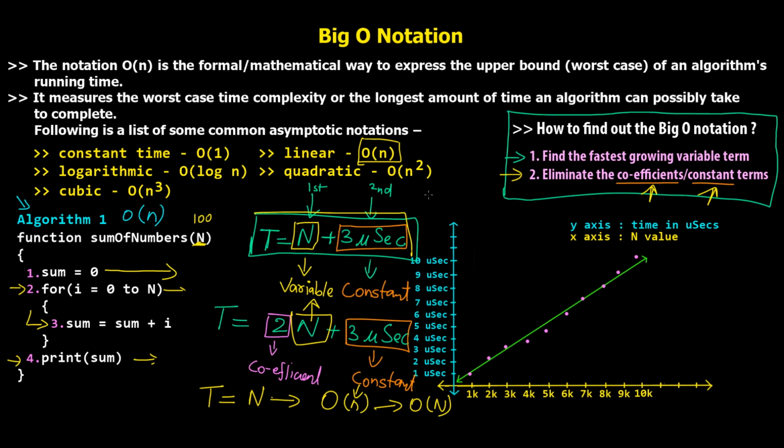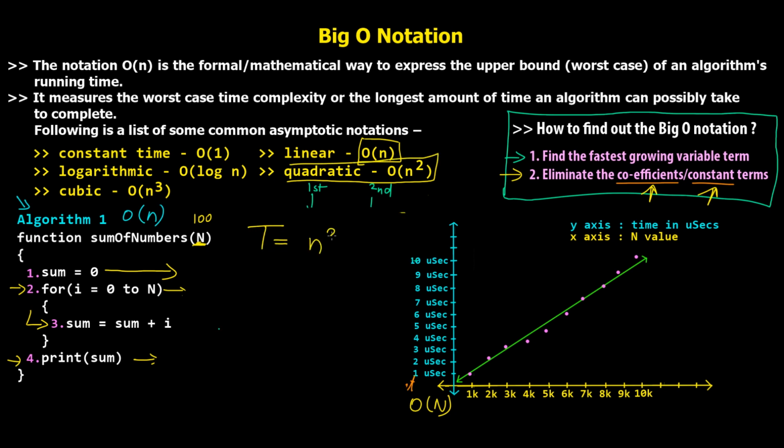Sometimes in an equation you have multiple variables also. So when it comes to quadratic kind of equations, it would be something like t is equal to n square plus 2n and so on and so forth. So in that case, which is the fastest growing variable? Obviously n square will grow faster than 2n when the n is very large, right? Because we are doing asymptotic analysis when the input size is very large.